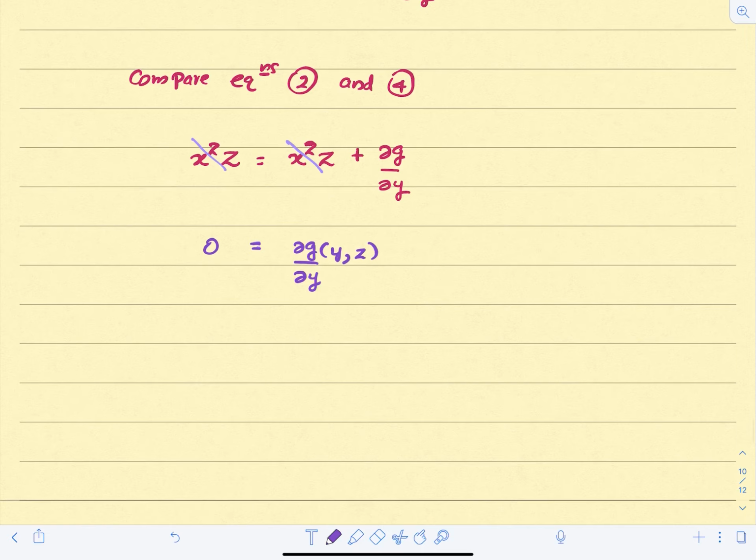So if you integrate both sides with respect to the y variable, you will get g of y, c equals the integral of 0 with respect to the y variable.